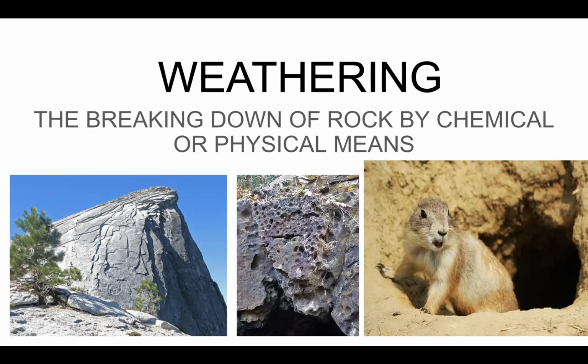Now, before I go to our darling little prairie dog there on the right, I do need to remind you, last year in fourth grade, you learned about sediment. Sediment is little broken pieces of rock. So the prairie dog and plants actually, they can all break rock. They can weather rock.